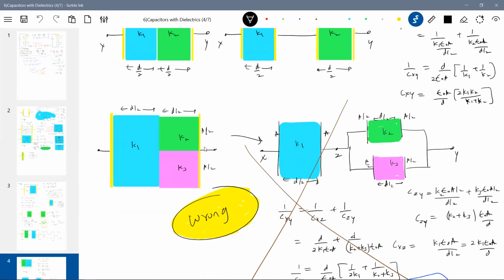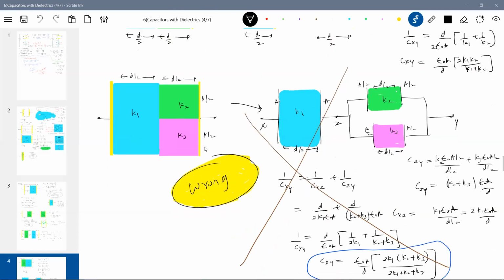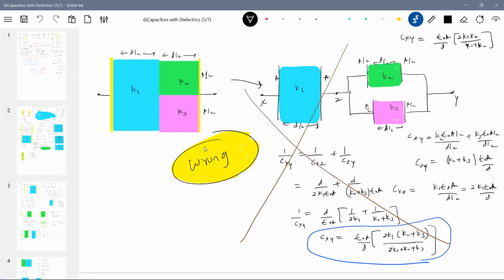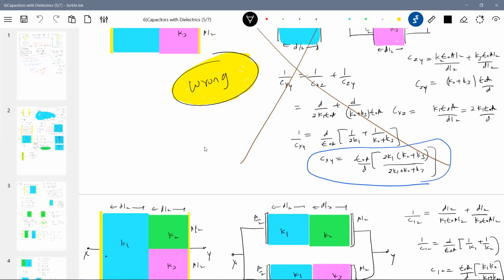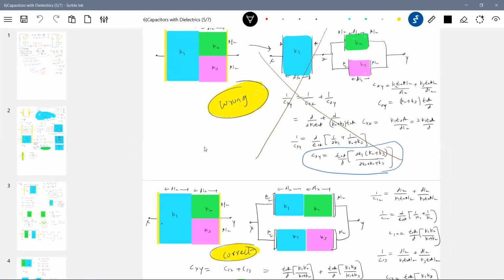I think the headache started from here, no? I said it's wrong. Now you can put a very beautiful reason here. Then I said the second method is correct. Now, what would be the charge? You are going to connect it to a cell. The charge which starts flowing here, will it be the same charge here and here?